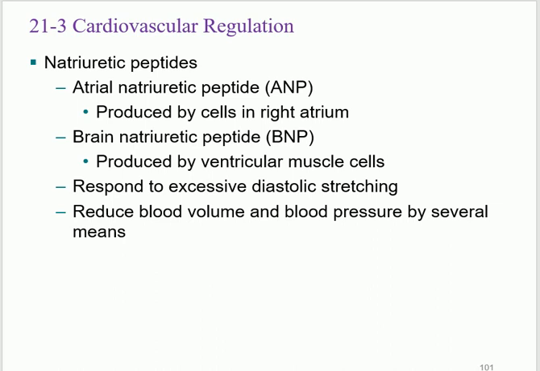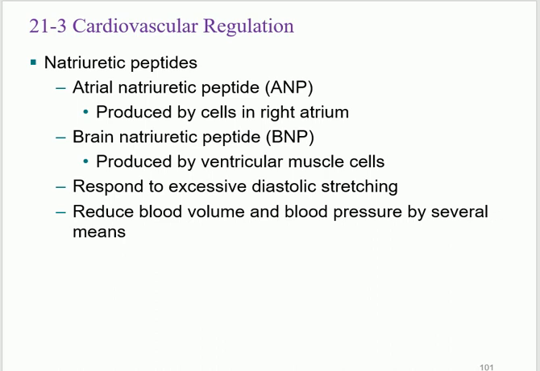What's Na? Sodium. What's uretic? Urine. So natriuretic means sodium in urine. This is a direct translation. You throw sodium in the urine.